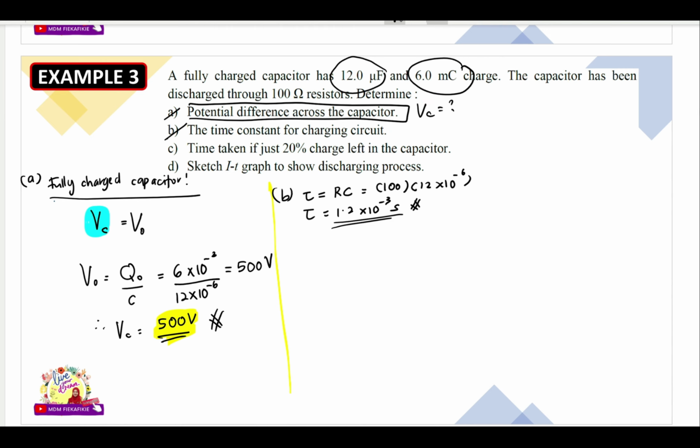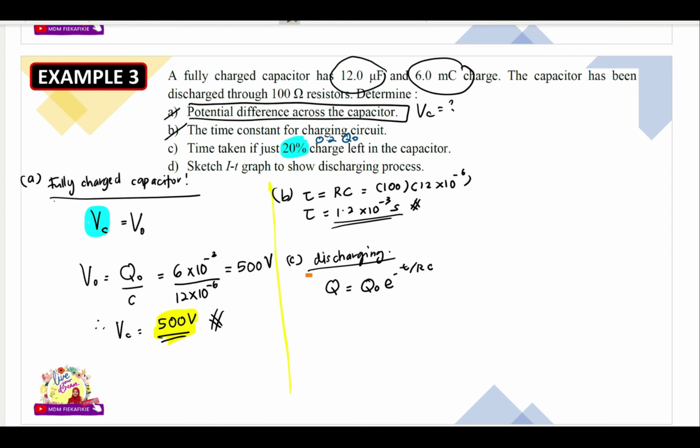Okay, so 20% actually is equal to 0.2 Q0. Okay, so by using the equation for discharging, sebab kita tahu charge dia semakin berkurang kan, so discharging process, we can just use this equation.